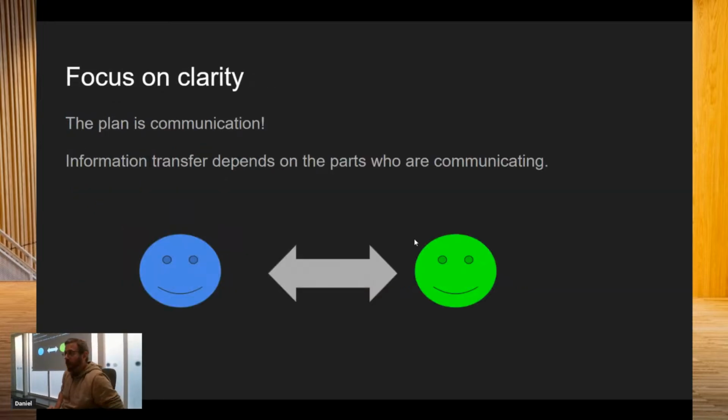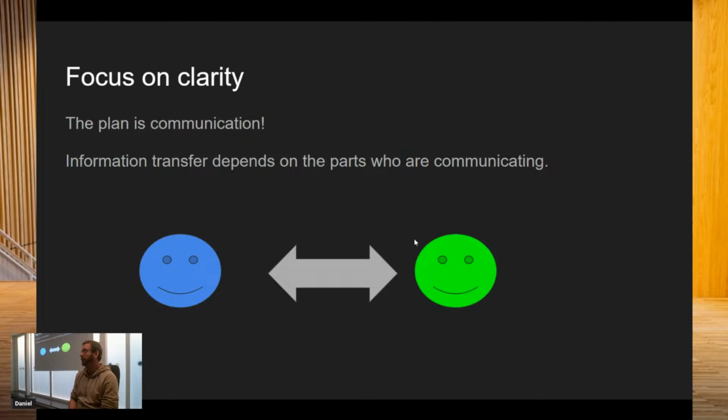Plan, and every plan is communication. It's actually mostly guiding people, right? So the text or the plan itself is not as important as people understanding what they should do, why they're doing it, feeling motivated to do that.